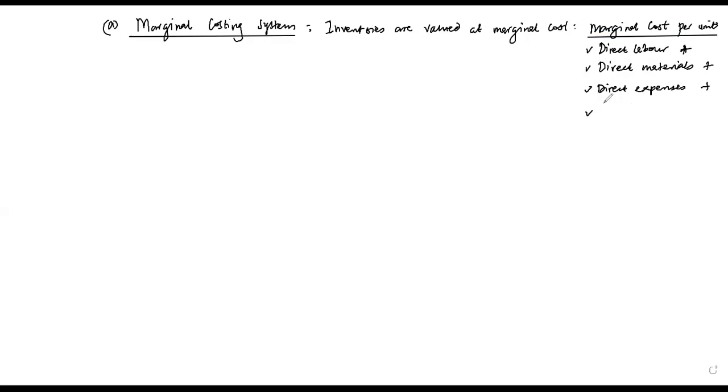Then we also have to add the variable production overheads. Then we get what we call the marginal cost per unit. That will be our marginal cost per unit.